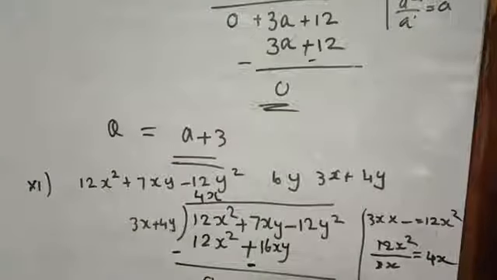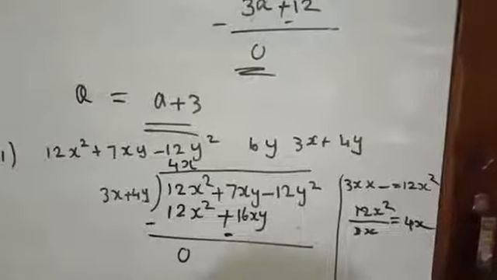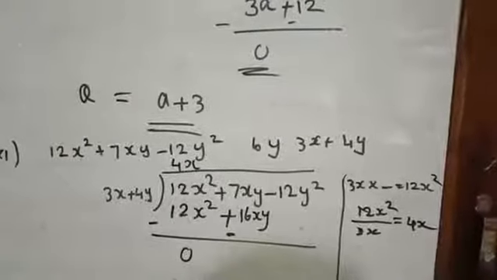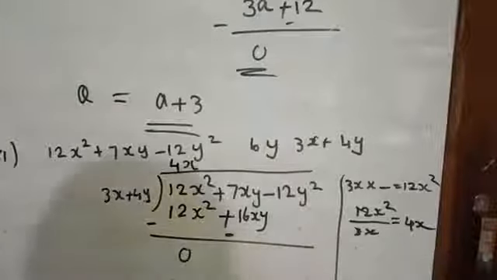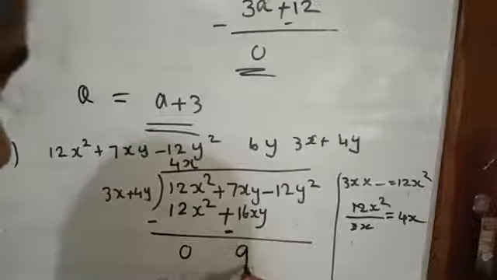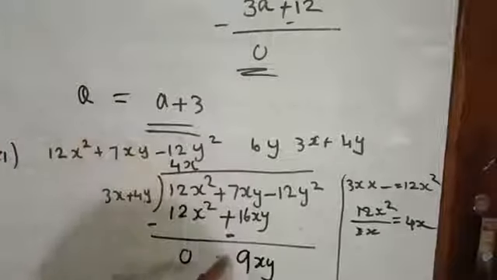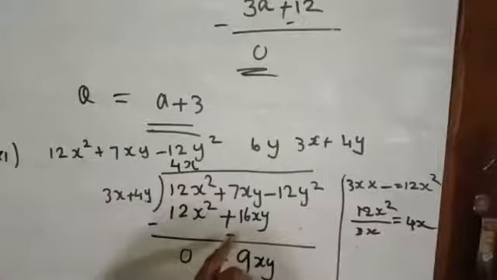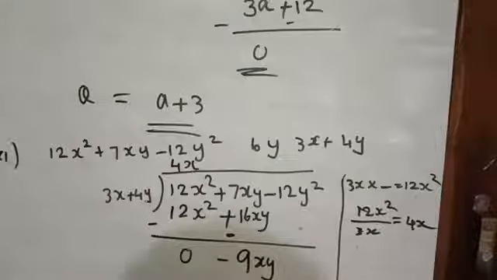What is 7 minus 16? 7 minus 16 is 9, and the sign is minus, 9xy. How minus 9xy? When we are subtracting, 7 minus 16: one is positive, the other is negative, so subtraction.